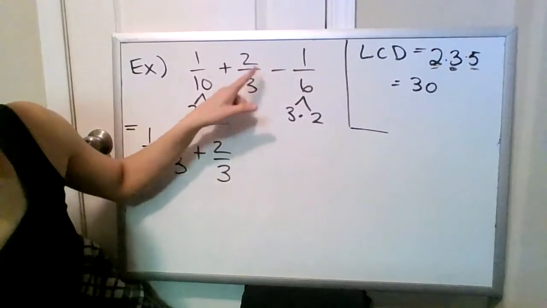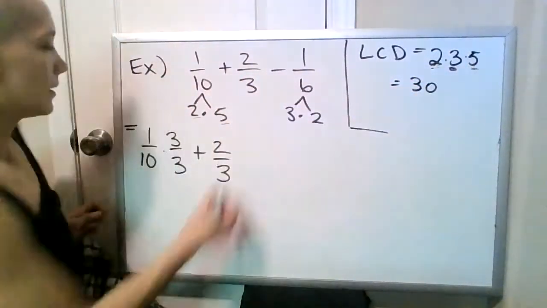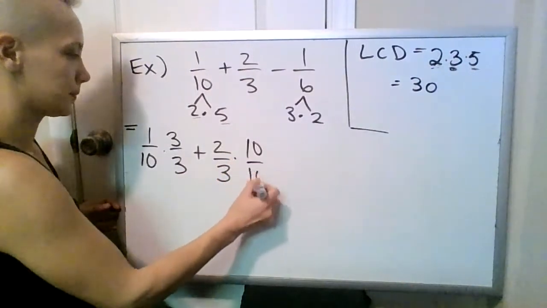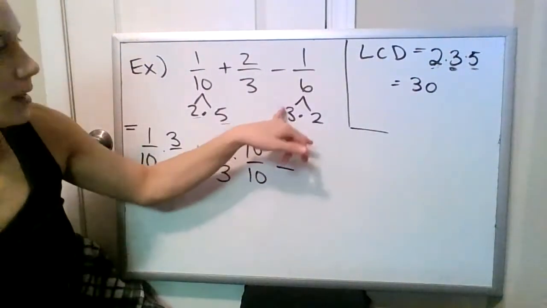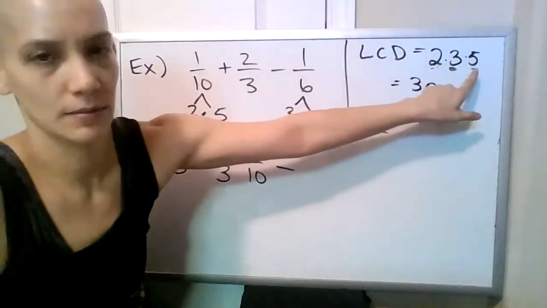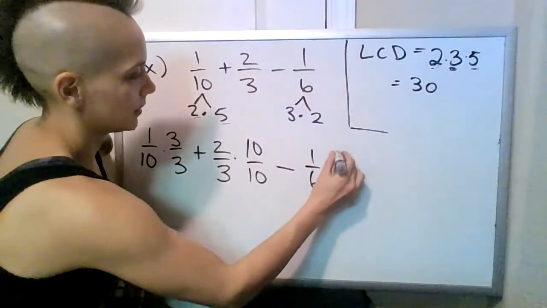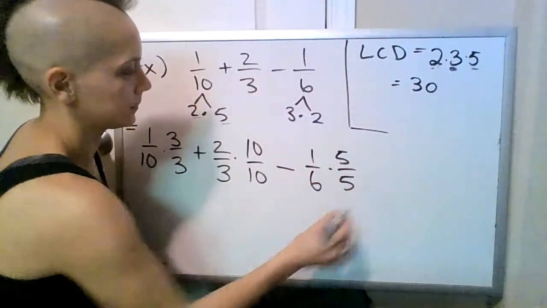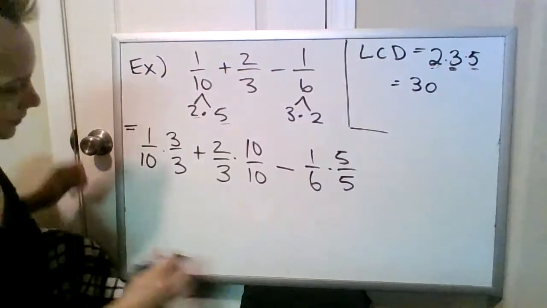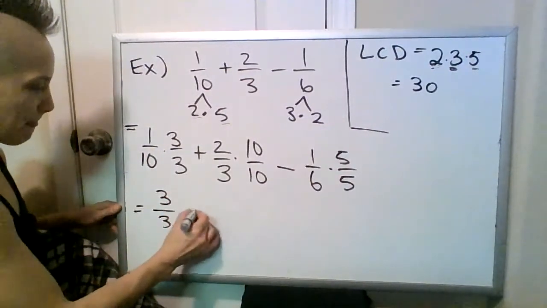Second term, you have 3, but need 2 times 5. 6 factored into 3 times 2, so we're missing 5.